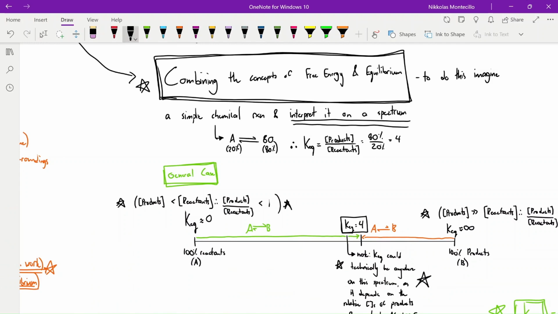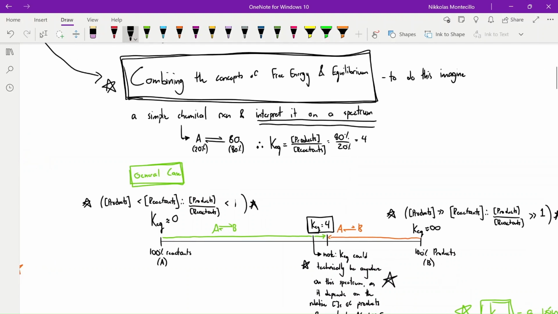So in this example, any concentration of A that is greater than 20% will cause the equilibrium to shift in favor of B, where a lot of the reactant A will be converted to B until the relative concentrations are back at this ideal concentration ratio, 80-20. Right?